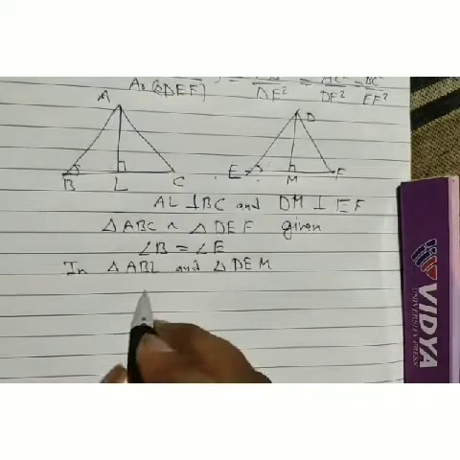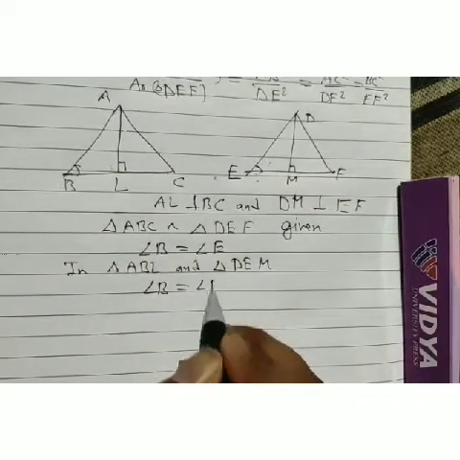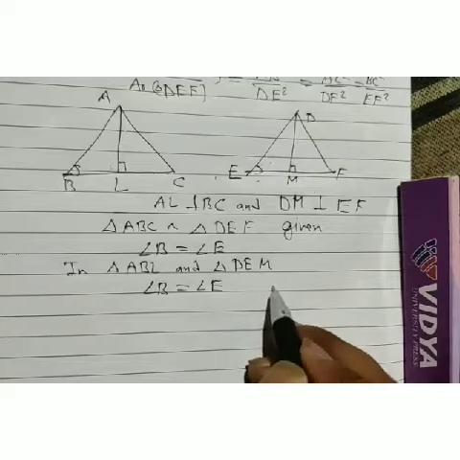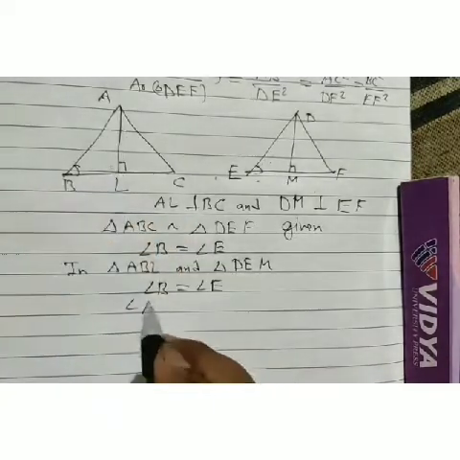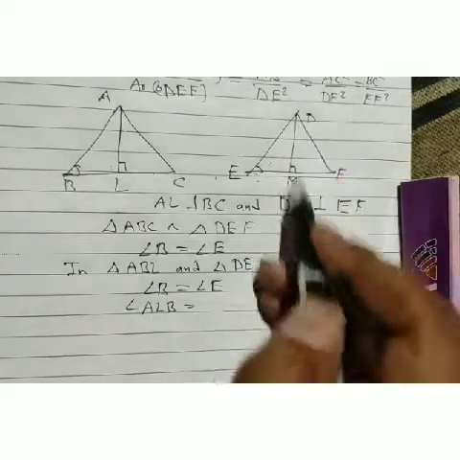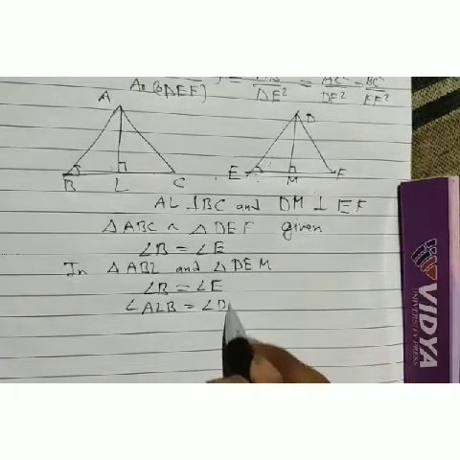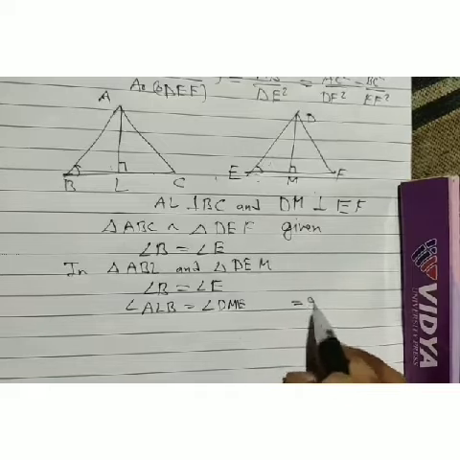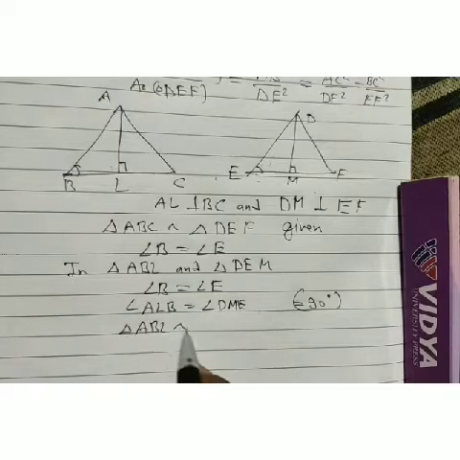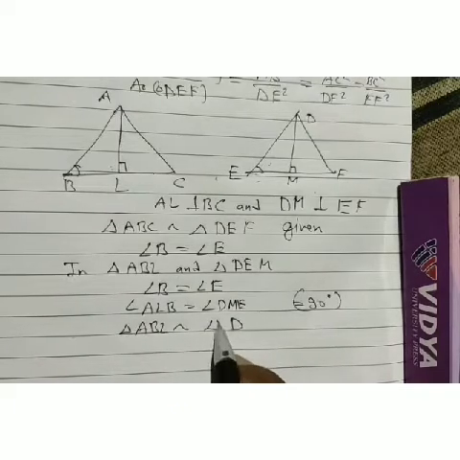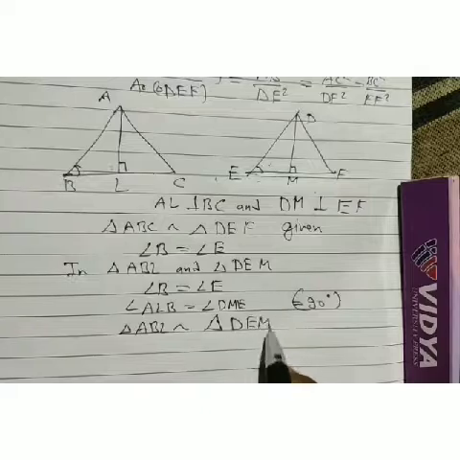Now we show that. We start with angle B equal to angle E, corresponding angles are equal. Angle ALB is equal to angle DME, both are 90 degrees. Now by angle criterion, triangle ABL is similar to triangle DEM.